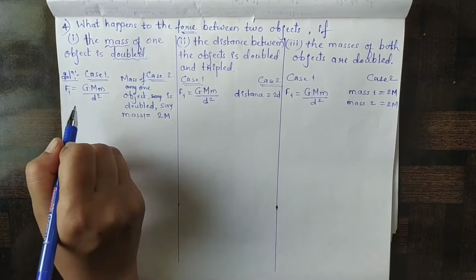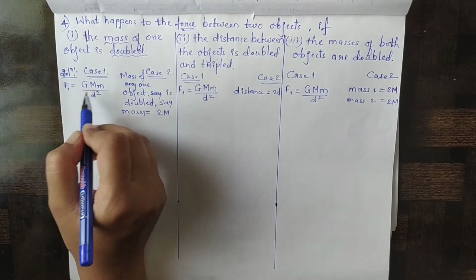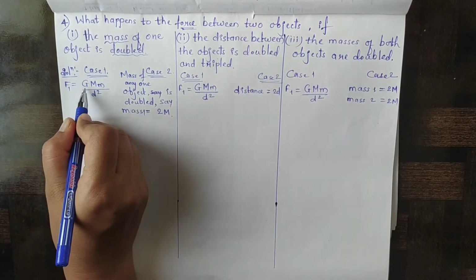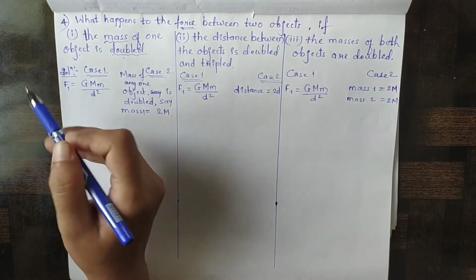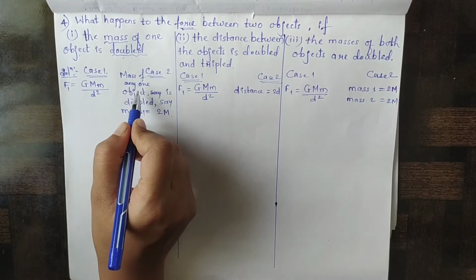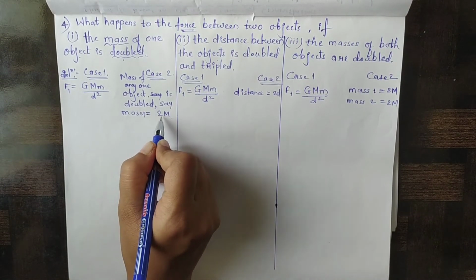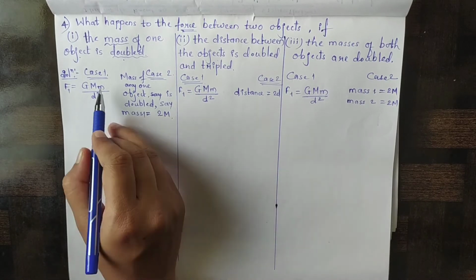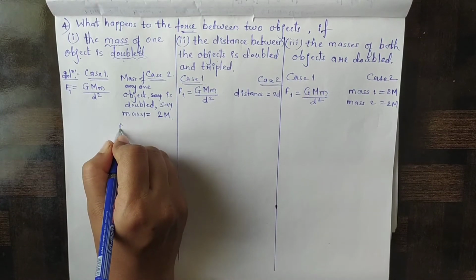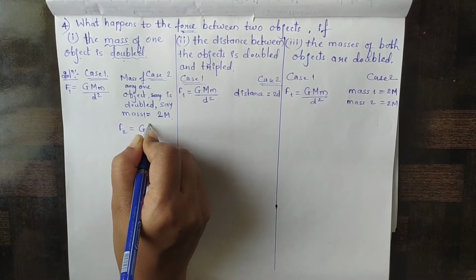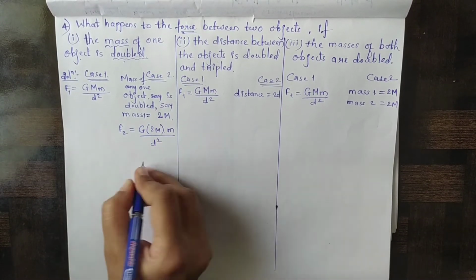First of all, write down the formula for the force between the two objects. We have considered the original case, that is case 1, F1 is equal to G into M m upon D square. Now the second case is when the mass of any one object is doubled. Let's say the mass of the first object is doubled, that means instead of capital M we have to write twice M. So F2 is equal to G into twice M into m upon D square.